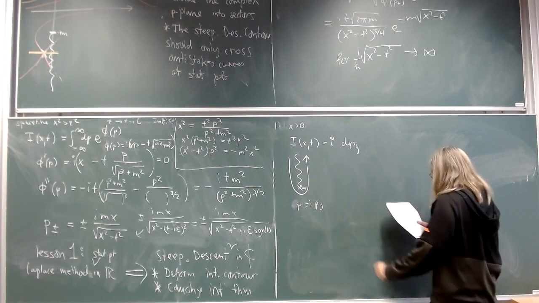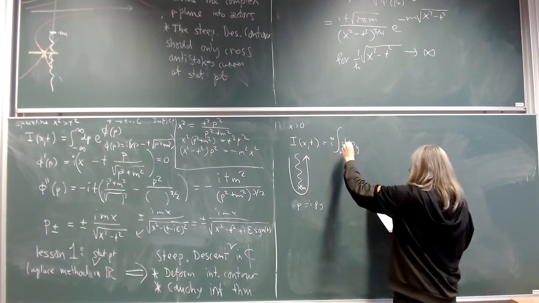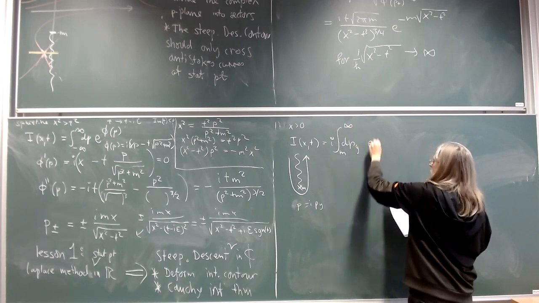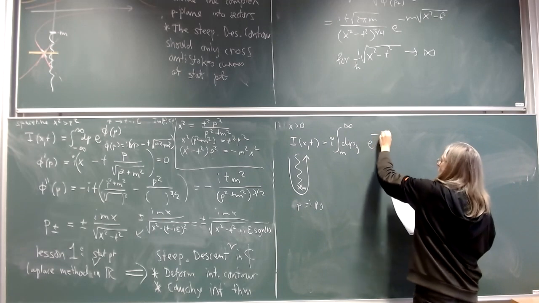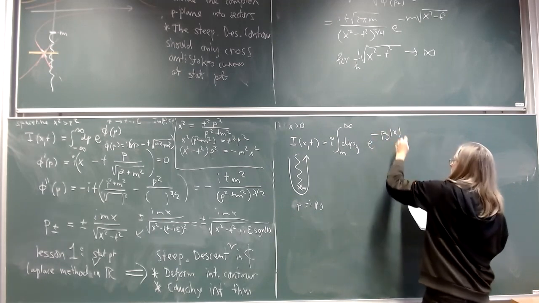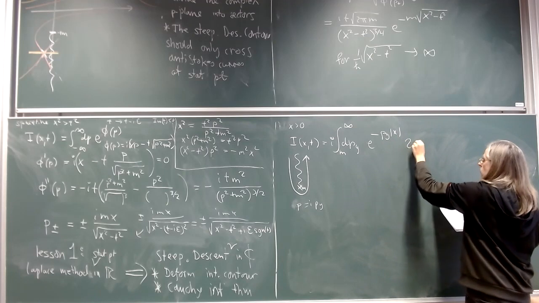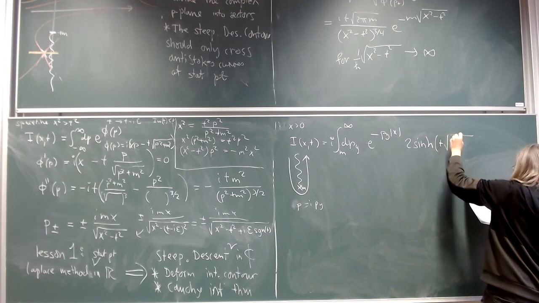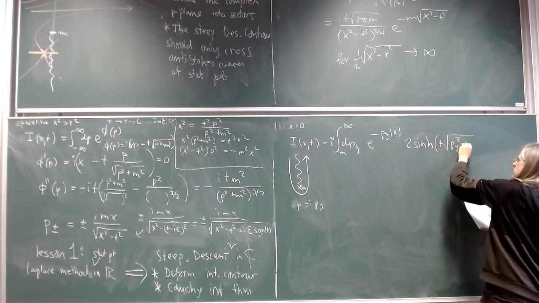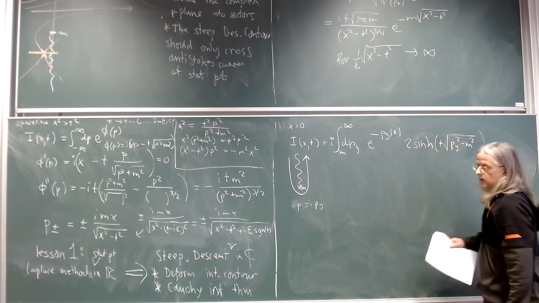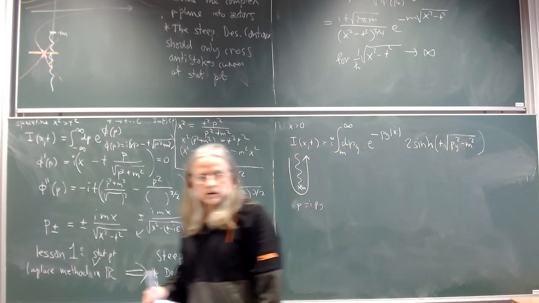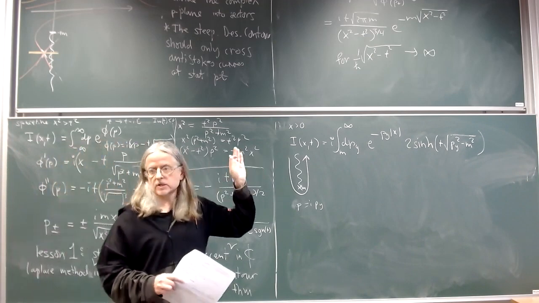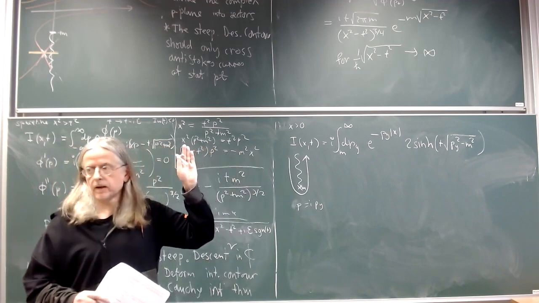There's an i here, and then we just get the integral from m, the branch cut, up to here, dp_y e to the minus p_y x, and then we get 2 hyperbolic sinh of t square root of p_y squared minus m squared. Like that. And then everything is real, and then you can just use the Laplace method, and you're fine.